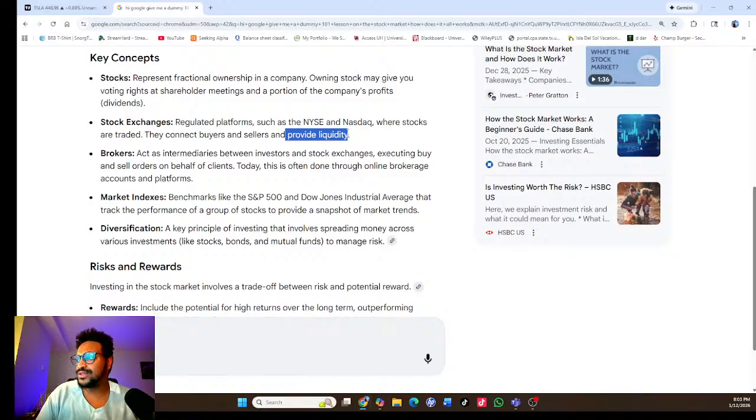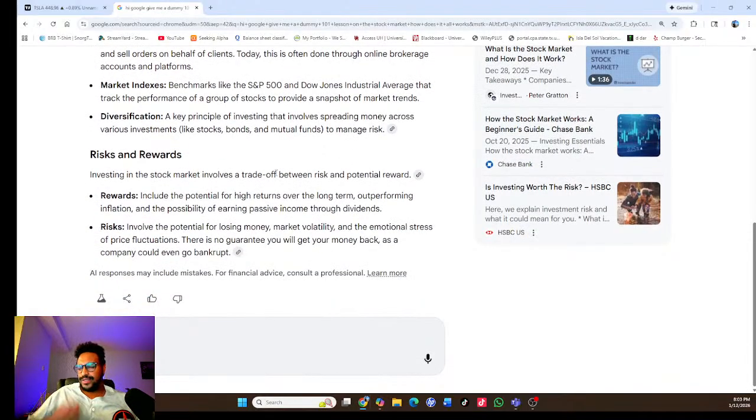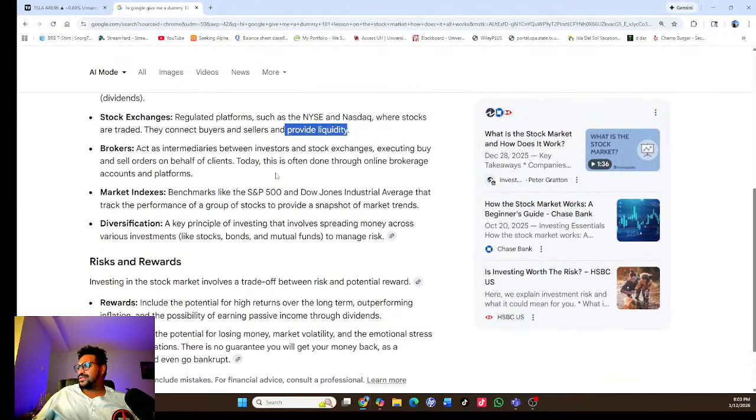Today, this is often done through online brokerage accounts and platforms. Market indexes, benchmarks like the S&P 500 and Dow Jones Industrial Average, track the performance of a group of stocks to provide a snapshot of market trends. Anyways, that's the kind of breakdown it's given us, right?